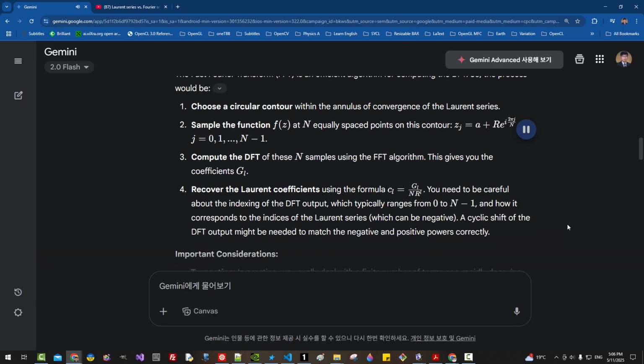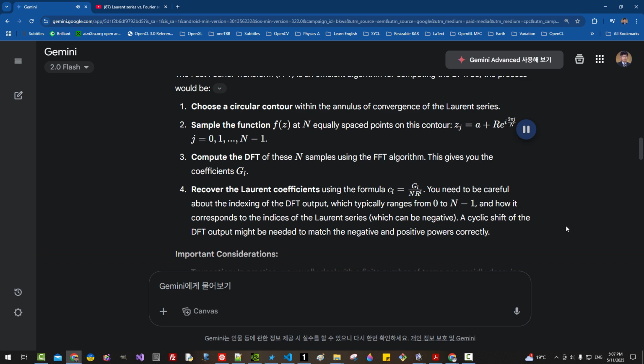Sample the function f(z) at n equally spaced points on this contour: z_j = a + r e^{i 2πj/n}, for j = 0, 1, ..., n−1. 3. Compute the DFT of these n samples using the FFT algorithm. This gives you the coefficients G_L. 4. Recover the Laurent coefficients using the formula C_L = G_L / (n r^L).